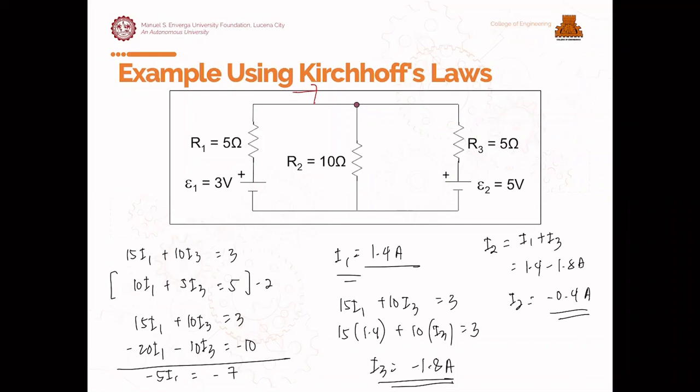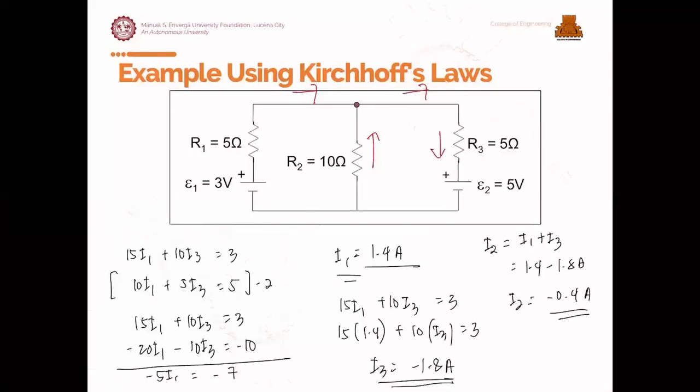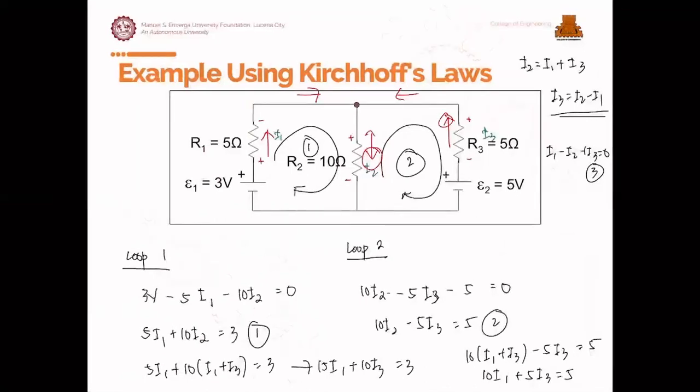So yung magiging flow ngayon is si I1 pupunta dito. So si I3, so yung flow natin pag ganito, and since negative yung value nung I2 and I3, kailangan mag-change yung flow niya.